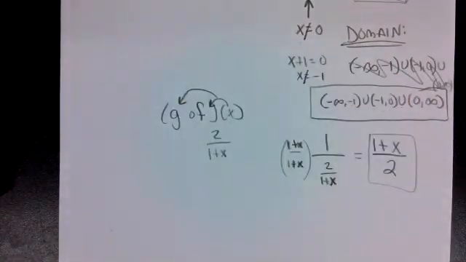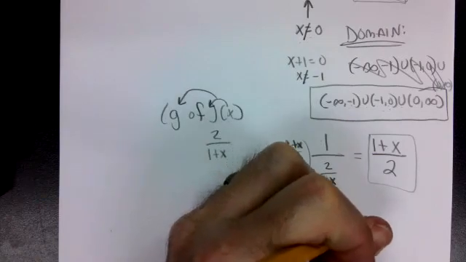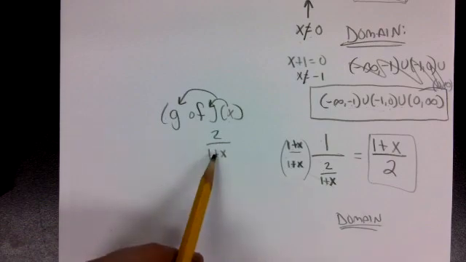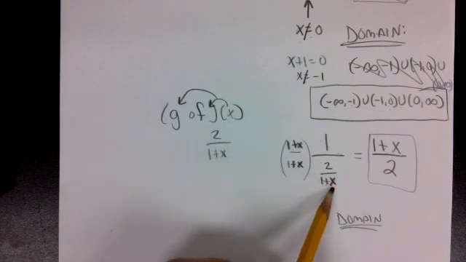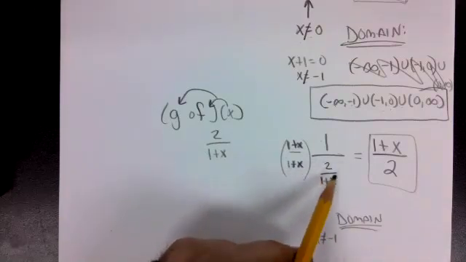As far as our domain goes, again, from the original problem dealing with the 2 and the 1 plus x, we do still have to eliminate the negative 1 because that would cause division by 0.